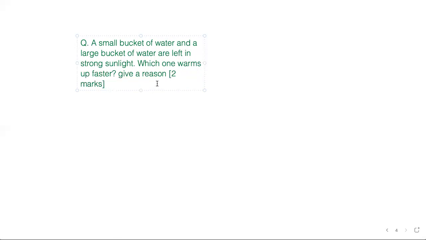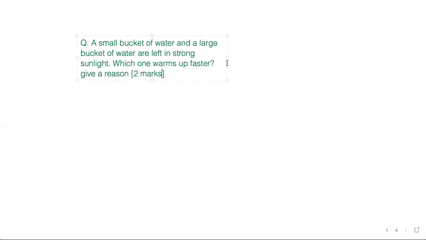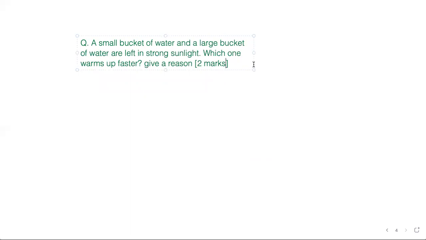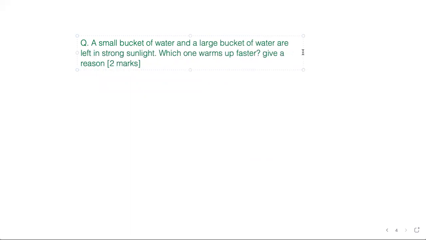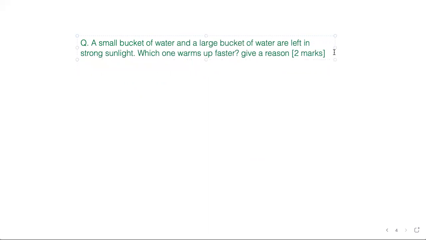It will be the small bucket. Small bucket. So why? Because it has a smaller mass. Yeah. So in the exam, because it is a 2 marks question, you need to give at least 2 points.